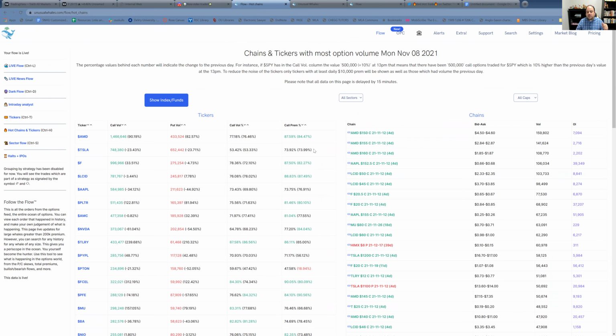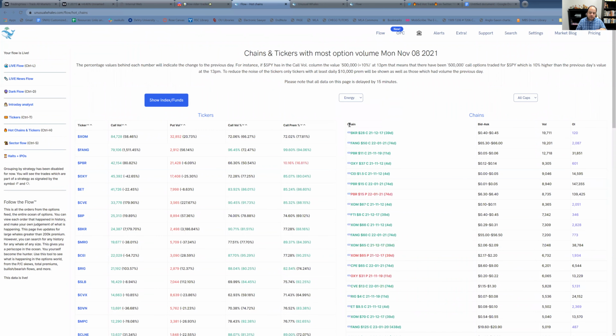So within this page, the next thing I want to show you is how you can cycle through different sectors. So 2 that I trade a lot are energy and financial services. So energy, I use a lot of oil.